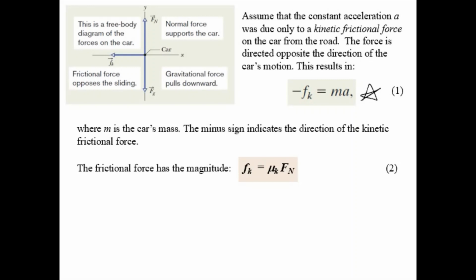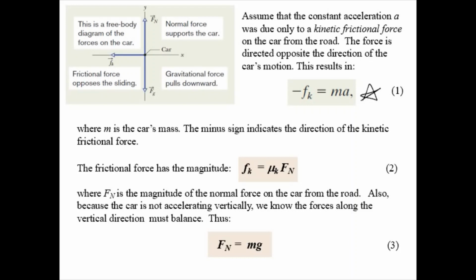Now we go ahead and say, well, the car's mass is going to determine the weight of the vehicle, and we know the friction force is mu sub k times F sub n. Since the forces must balance in the y direction, the normal force is equal to mg, the weight of the car.